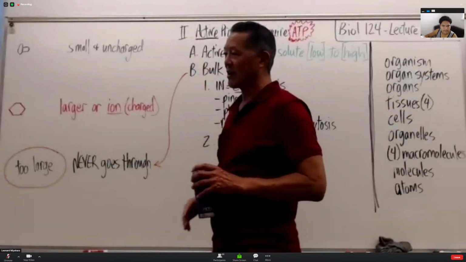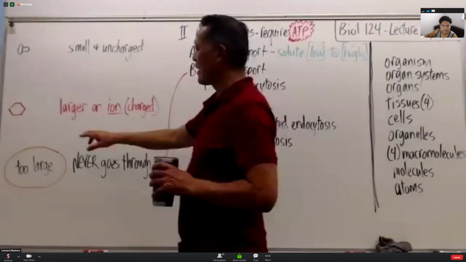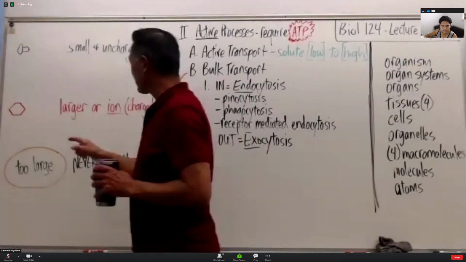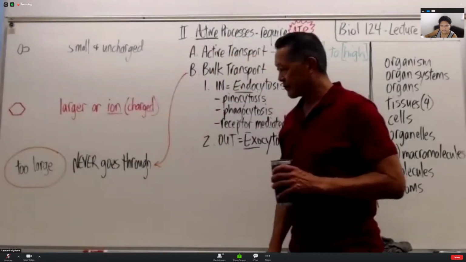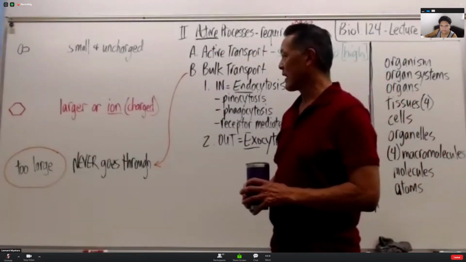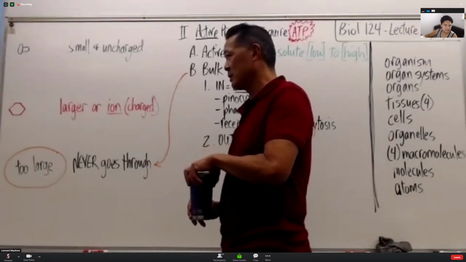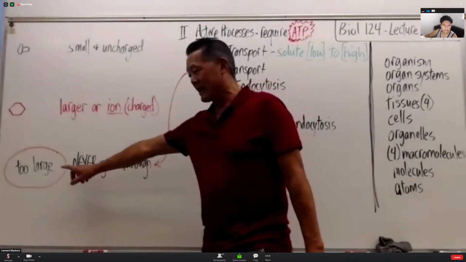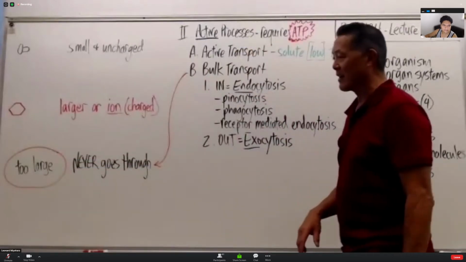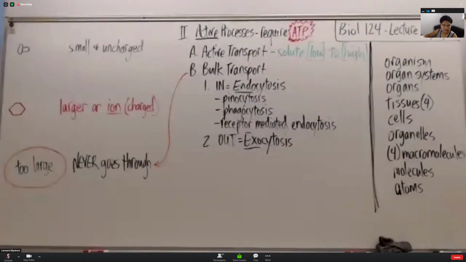Those are called ions or electrolytes. They have a charge. They cannot go through the lipid bilayer. They have to go through a specific protein channel. And some solutes are just too large and they never go through. And we're going to continue on with that now. Any questions before we get started?